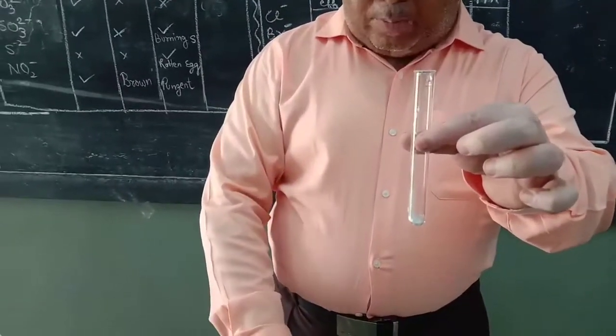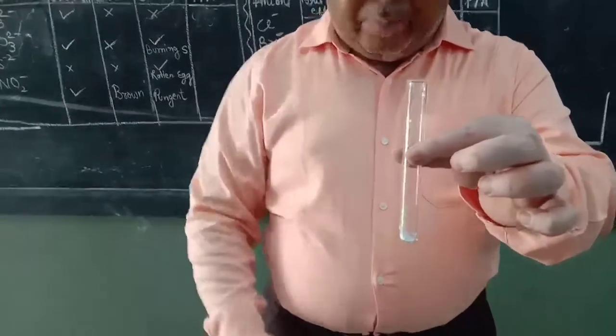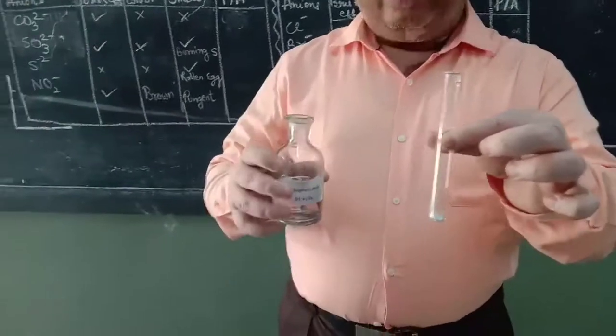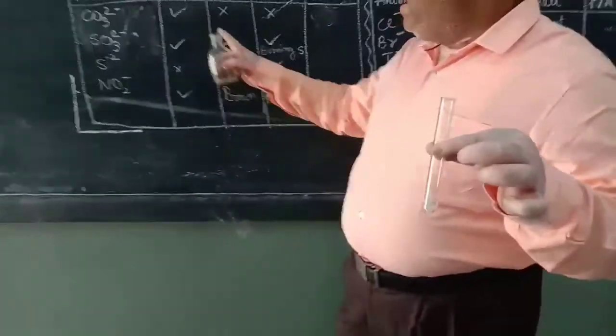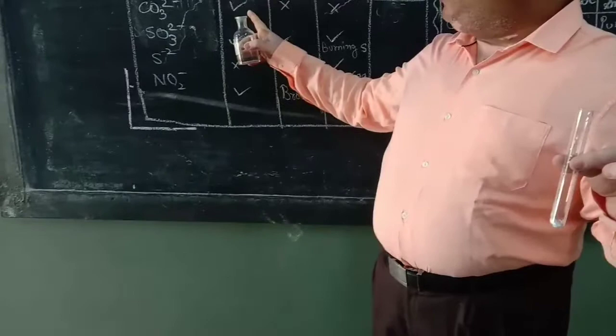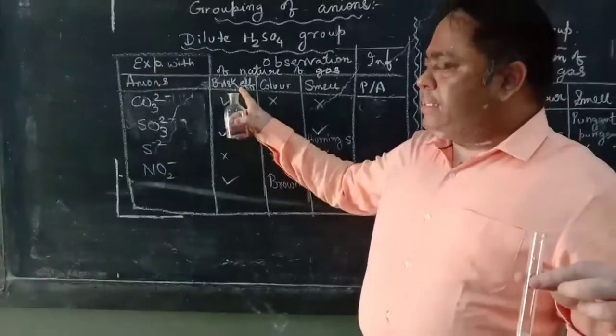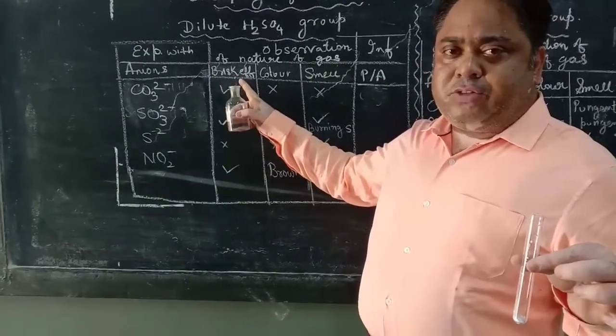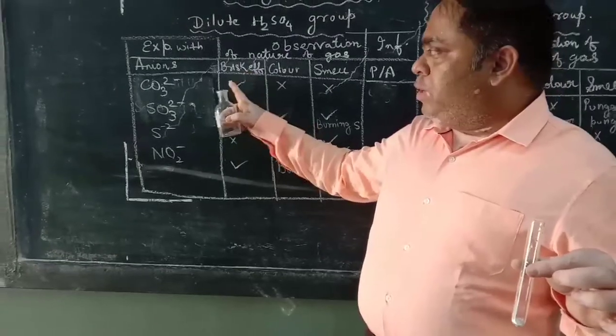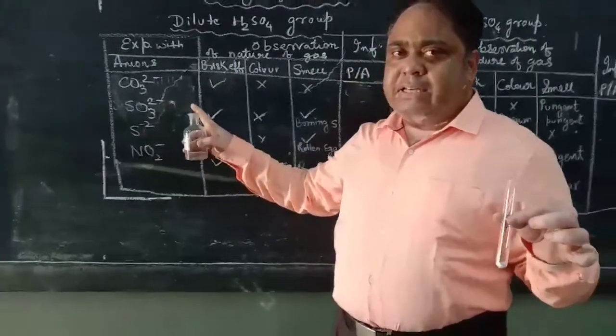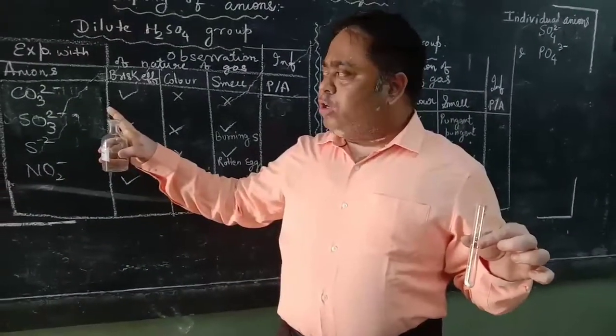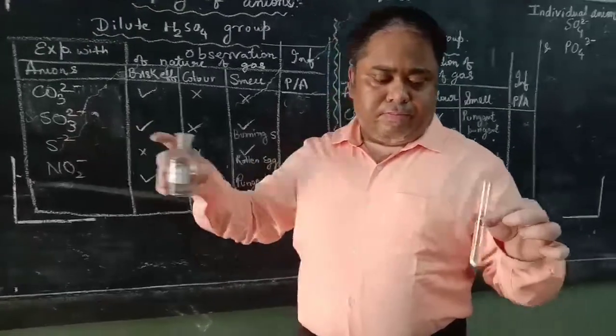Very nicely you can observe that if I add dilute sulfuric acid, then brisk effervescence will take place. Brisk effervescence means bubbles will come out. These bubbles will be of carbon dioxide gas which forms out of the carbonate anion.